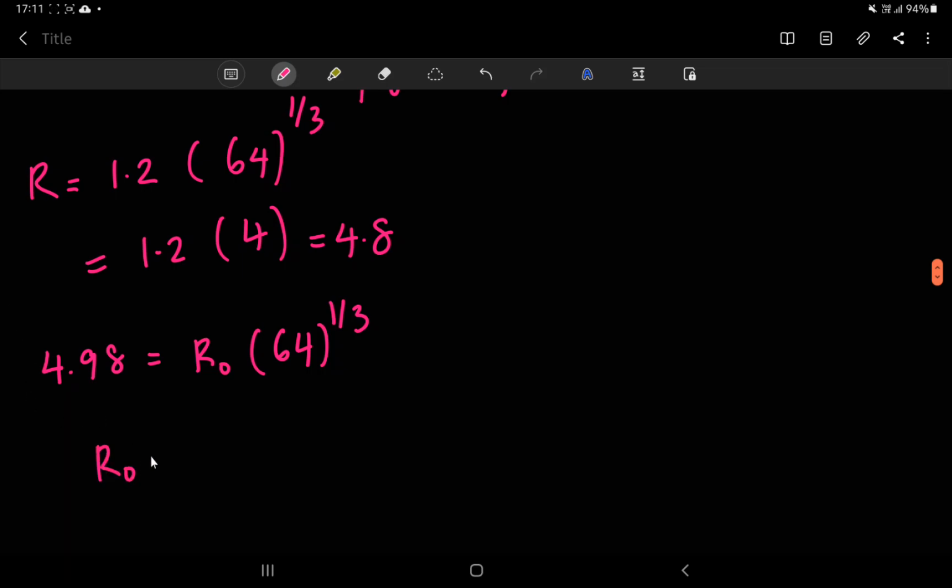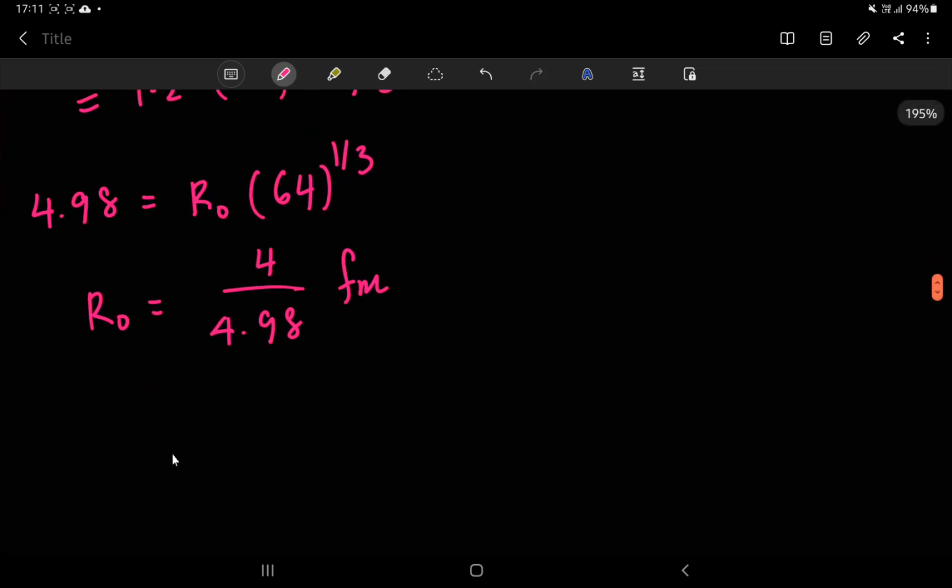So r naught is 4 divided by 4.98 femtometer. So we evaluate the value, resulting in 0.803 femtometer.